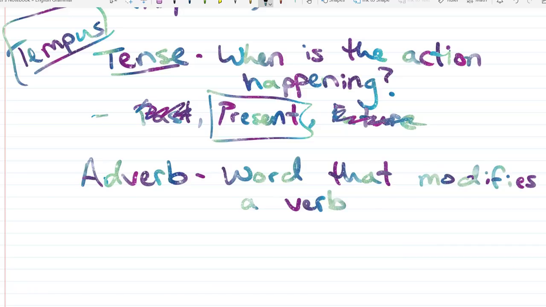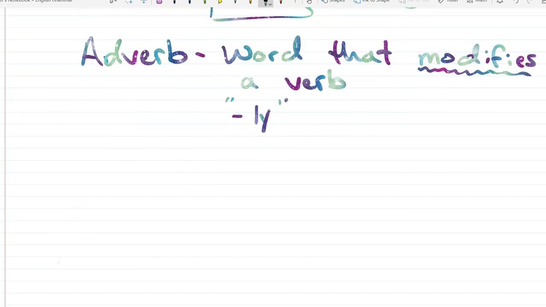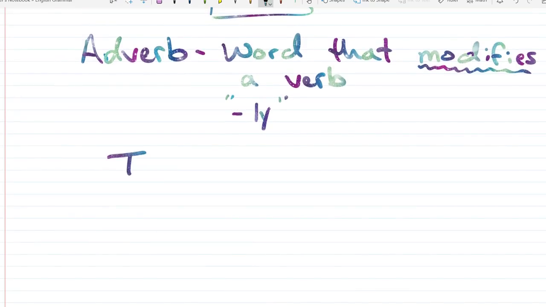Right, so it's telling us a little bit more information, and that's where some people use describe. The good word, the word that we use a lot in Latin, studying Latin, is modifies. So a word that modifies a verb. And how does this look in English? Well, typically there's going to be an ly at the end. Okay, most of the time. So an example could be something like, I read constantly.